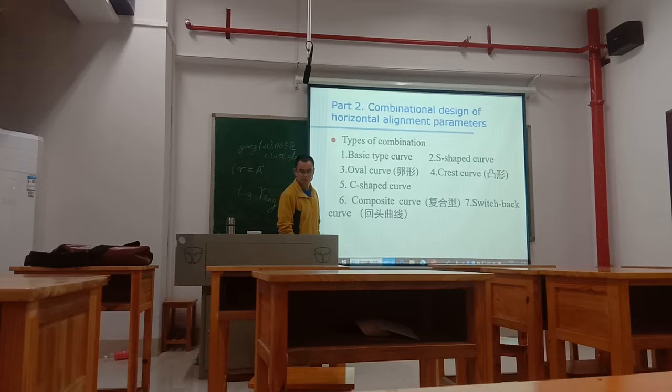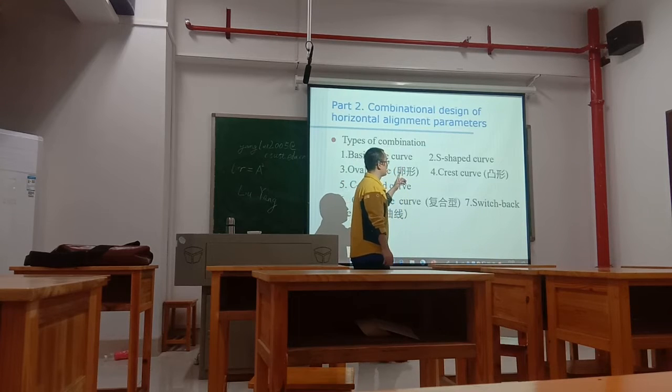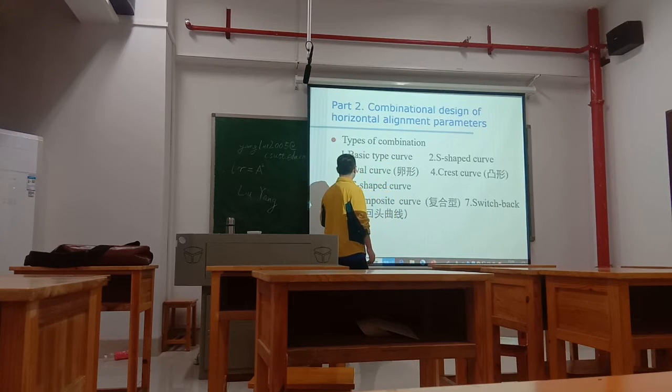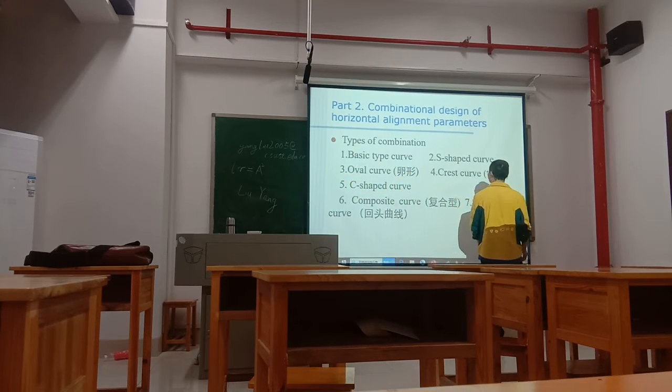Types of combination for horizontal curves. The first one, basic type curve. The second type is S-shaped curve. The third type is oval curve. The fourth type is crest curve.